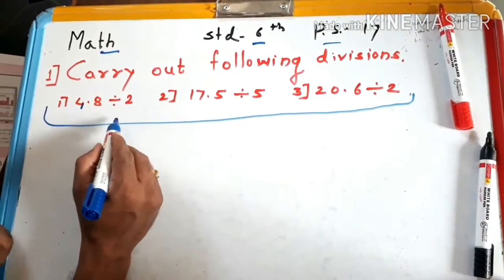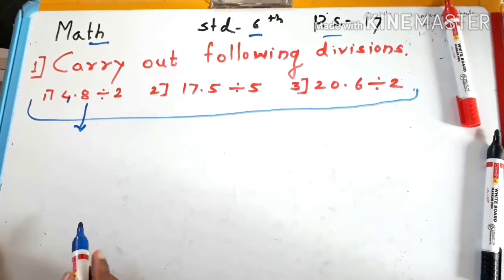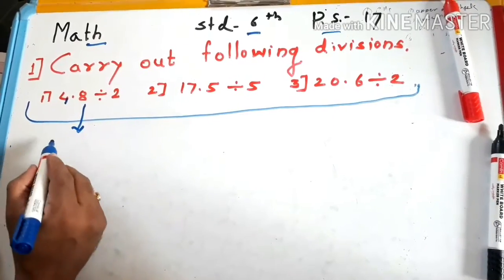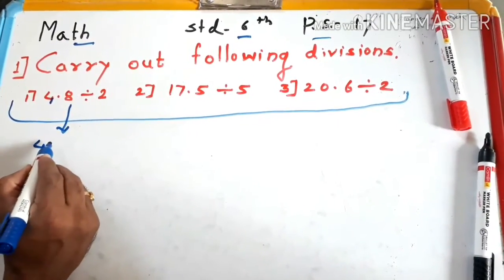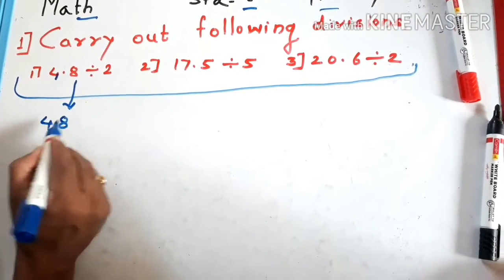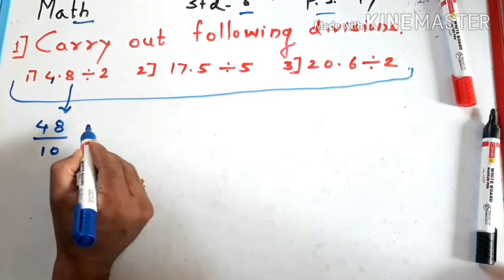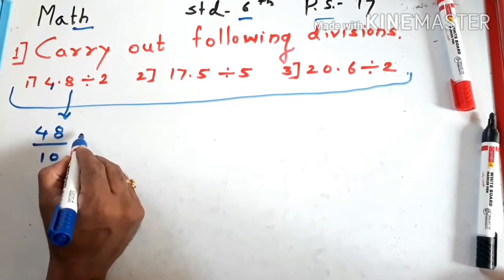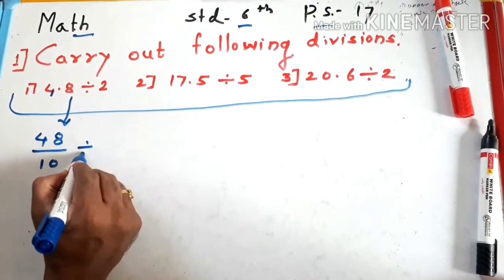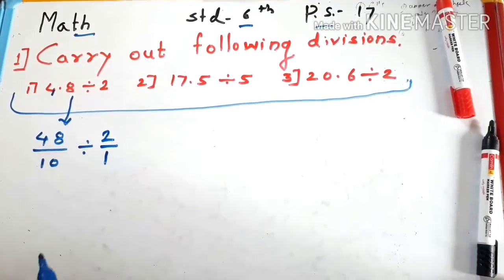First example is 4.8 divided by 2. So here this example is converted without changing its value like this: 48 by 10 divided by 2 by 1.